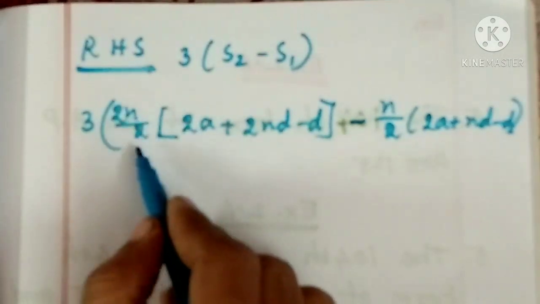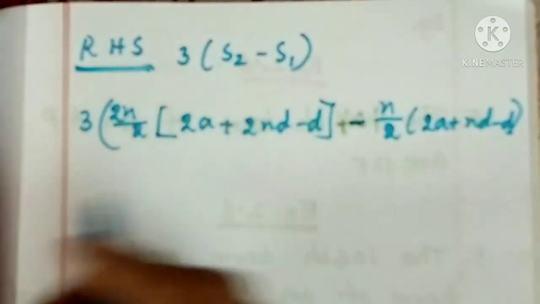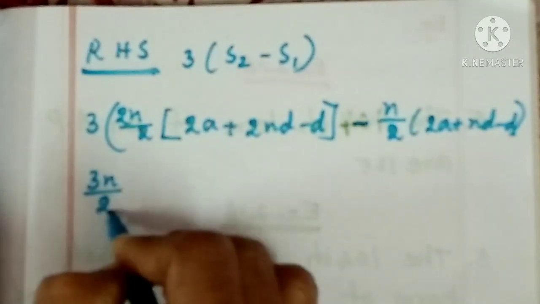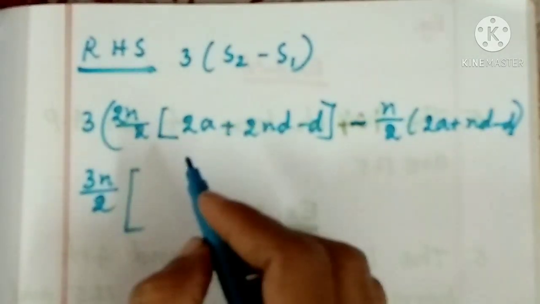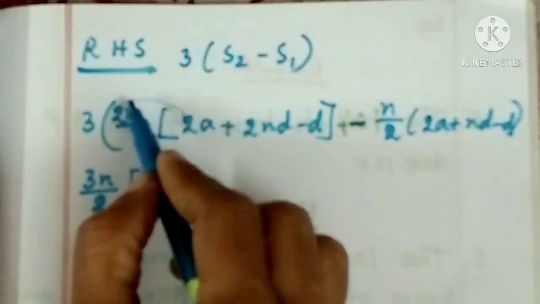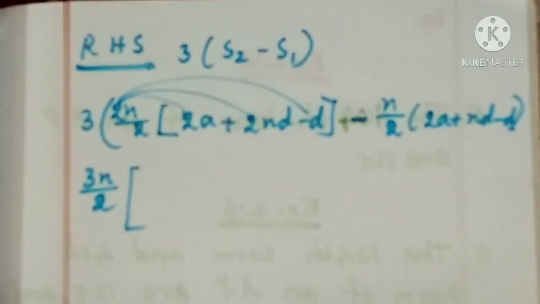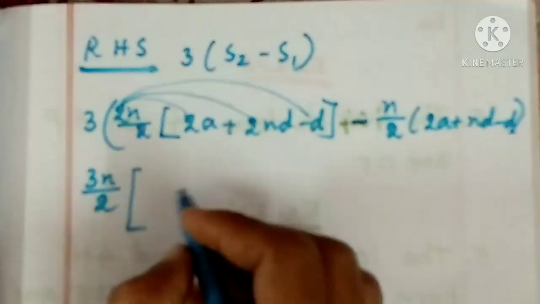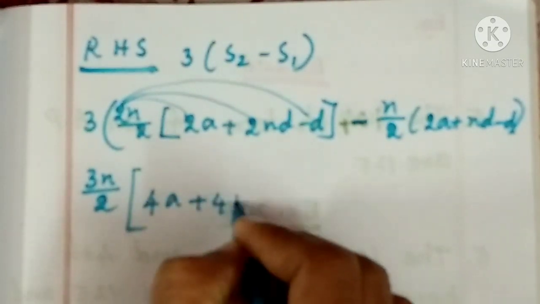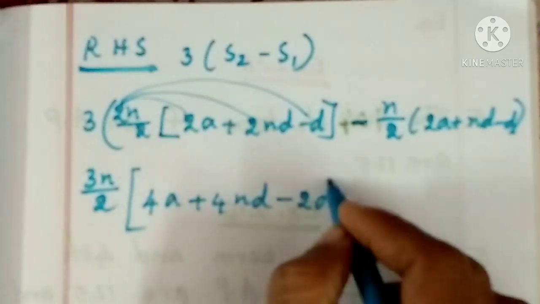Now here n/2 and n/2 are common, so you take out n/2, which means we get 3n/2 into, now you have to multiply this 2 inside the bracket term, which means we get 4a plus 4nd minus 2d.